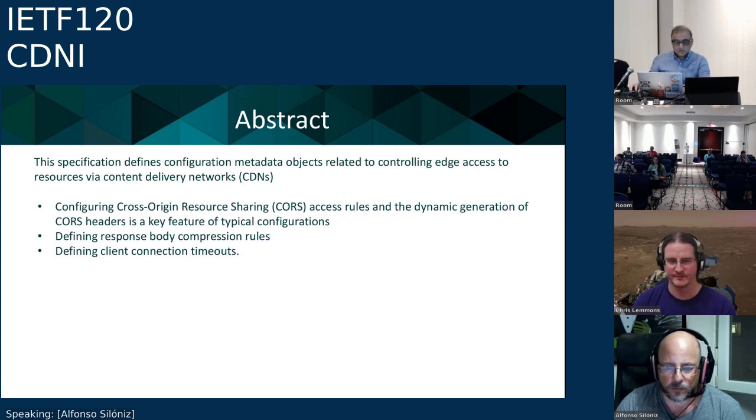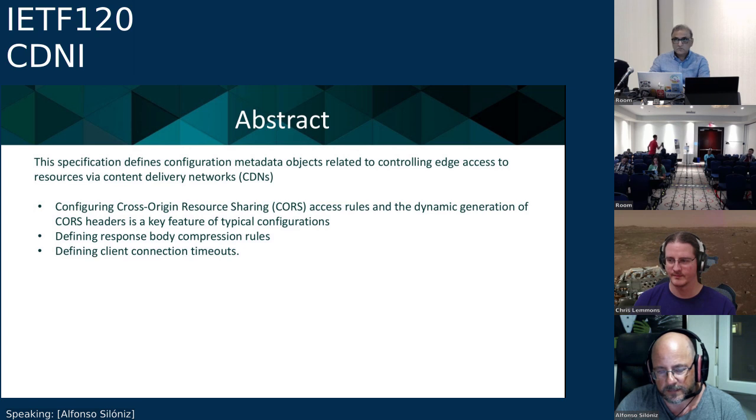This related to a generic metadata object definition related to controlling edge access to resources in content delivery networks, specifically to the downstream CDNs, and specifically talking about cross-origin resource sharing, CORS protocol configurations, possibility to define the compression rules to the responses from the downstream CDN to the user agents, and defining client connection timeouts also between the downstream CDN and the user agents.